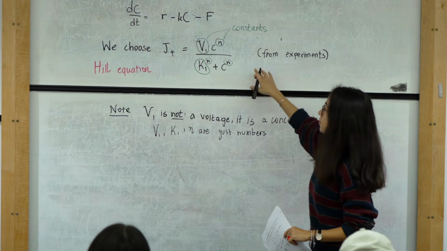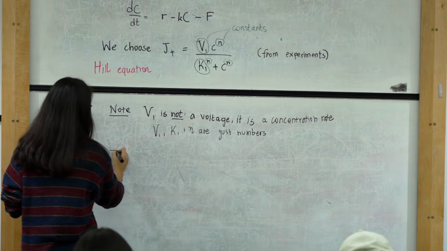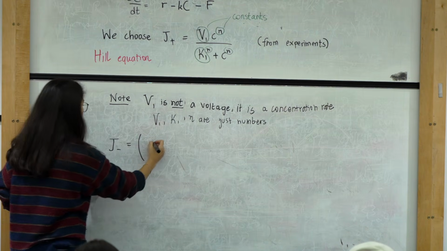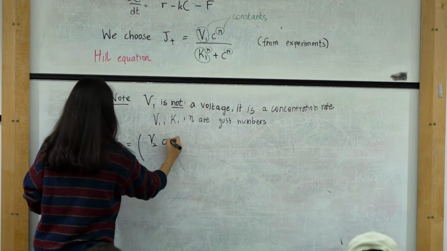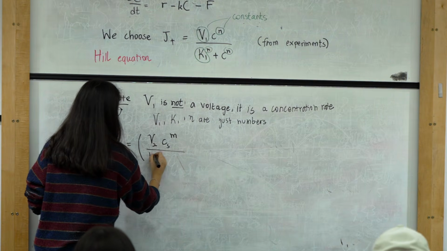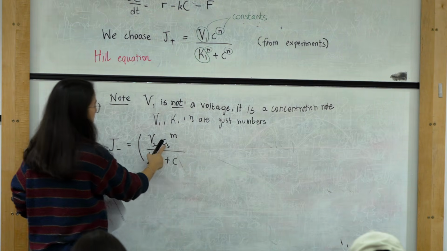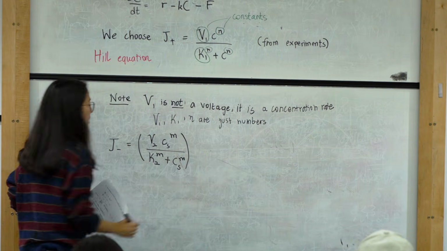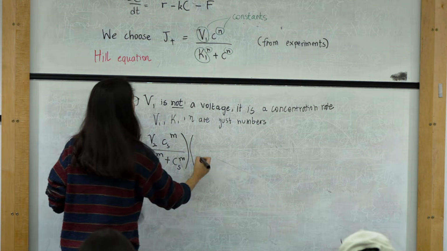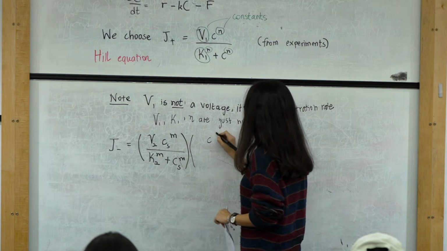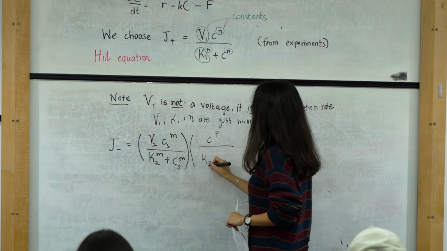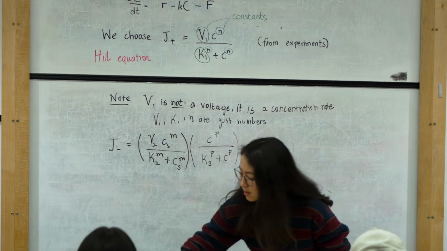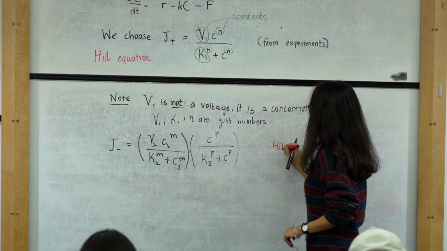I also have to define now a similar thing for J minus. J minus is a bit more complicated in the sense that it has a term that looks like that, but with V2 and K2. So this is K2 now, N plus, and notice that it's CS, not C. And this should be M. And then I multiply this by something that depends on the concentration C. So it's going to be C to the P divided by another constant K3 to the P plus C to the P. And this is again another Hill equation.